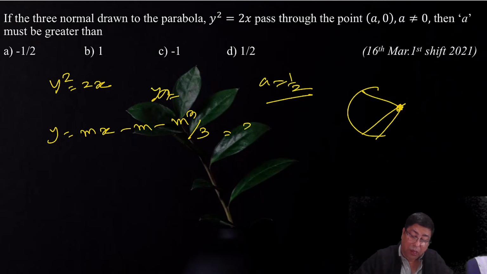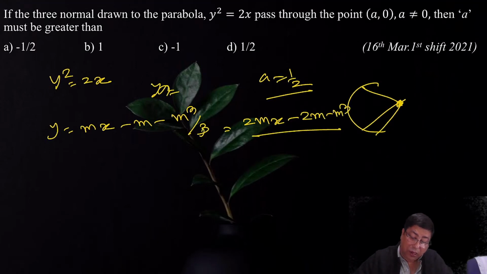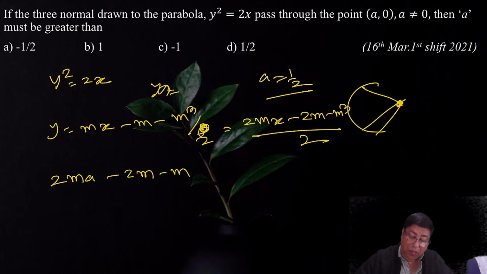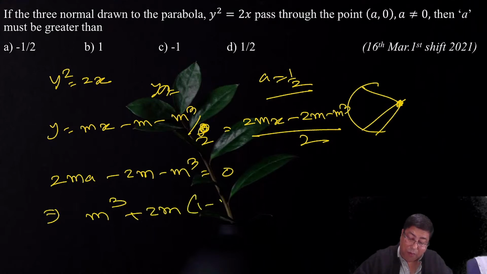So it comes to be y equals 2mx minus 2m minus m cubed, all divided by 2. It passes through the point (a, 0), so it satisfies the equation 2ma minus 2m minus m cubed equals 0. Straightening the equation, m cubed plus 2m(1 minus a) equals 0.